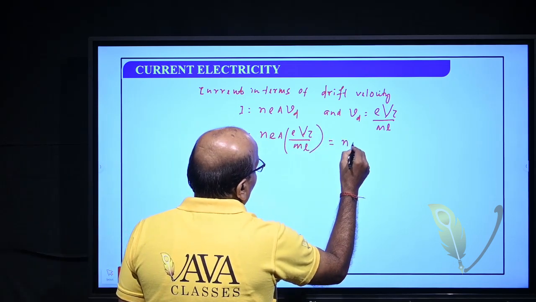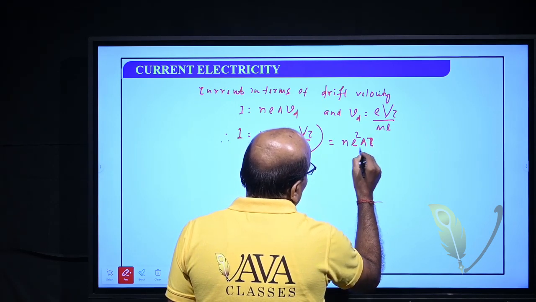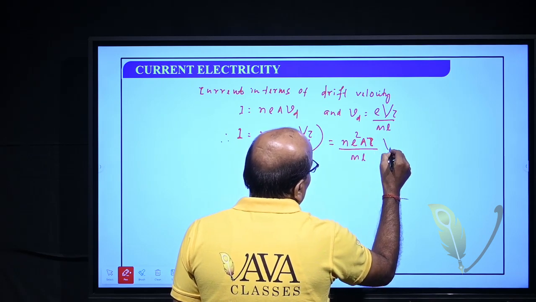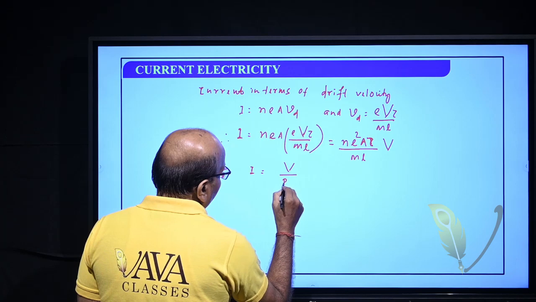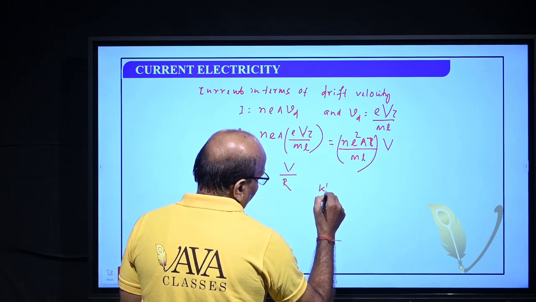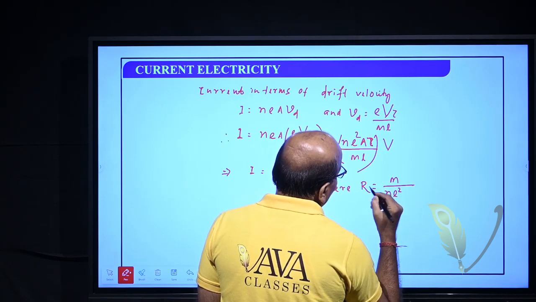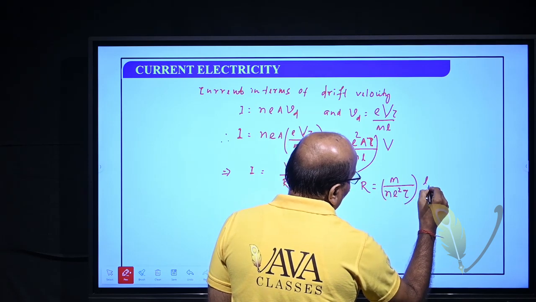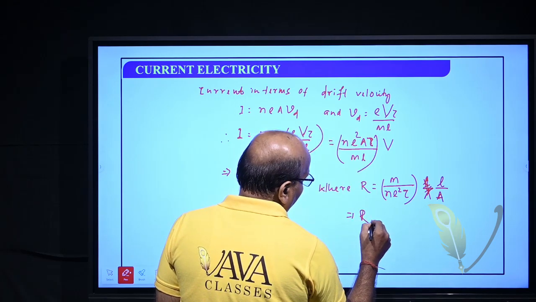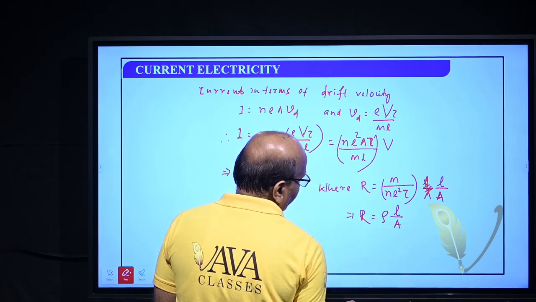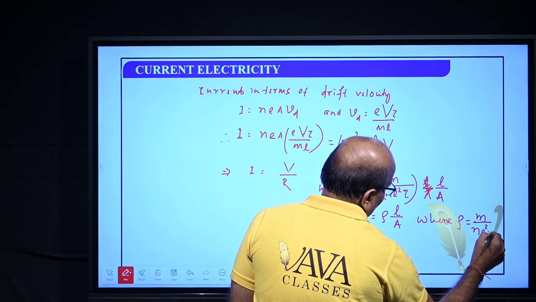So it will be n square e square A into tau by m into L into V, which implies I is equal to V by R, where R is equal to m by n e square tau into L by A. That is, R is equal to rho L by A, where rho is equal to m by n e square tau.